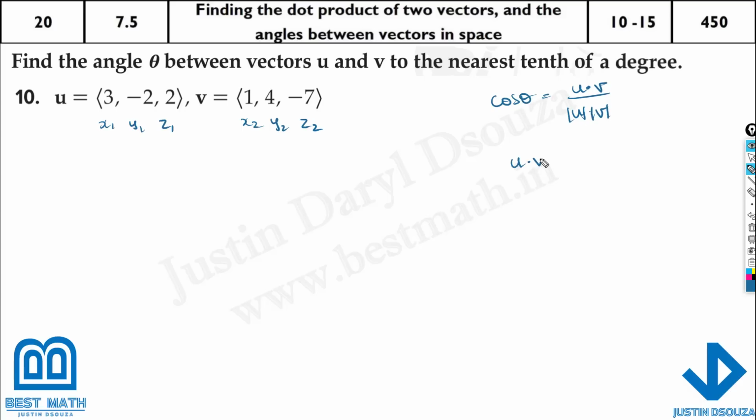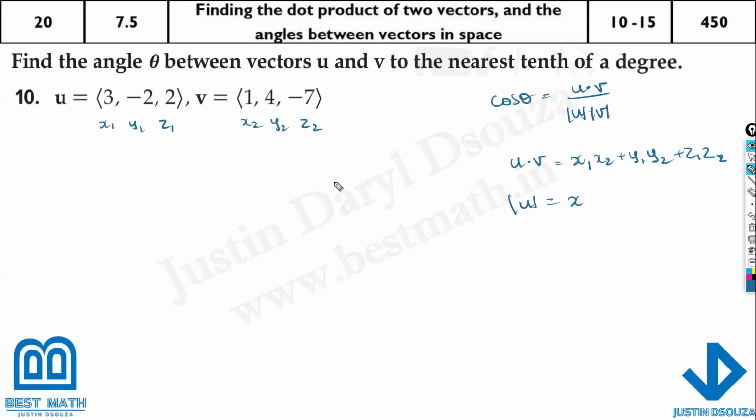So what is the formula for the dot product? It's just x1 times x2 plus y1 times y2 plus z1 times z2. This will be a single quantity, whatever we get over here. What is the magnitude?